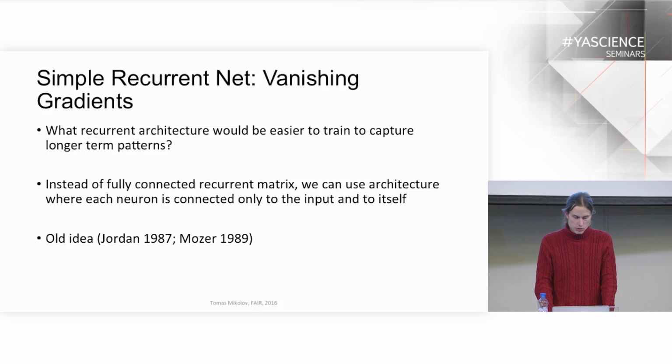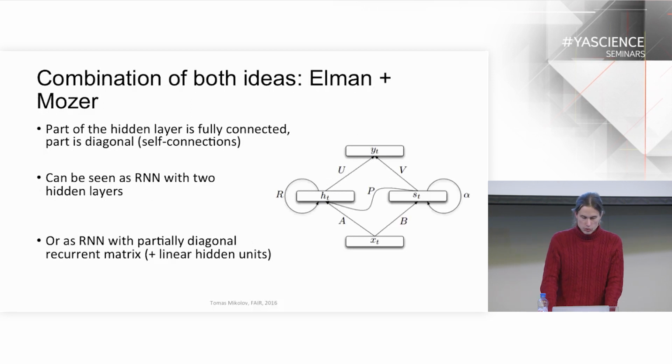Of course, this network would have much less parameters, and it's actually weaker, almost always, I would say, than the Elman network. But what we can do is combine both ideas together and have a single recurrent network that has two hidden layers, where one is the Elman type hidden layer that is fully connected, and the second one is the hidden layer from Mozer's models that has basically just the self-connection for the neurons.